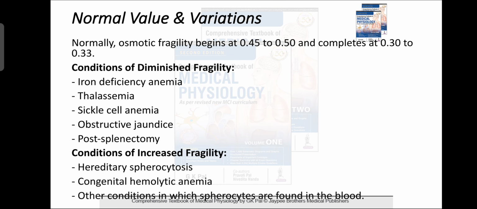Iron deficiency anemia, thalassemia, sickle cell anemia, obstructive jaundice and post splenectomy. Conditions of increased fragility are hereditary spherocytosis, congenital hemolytic anemia and other conditions in which spherocytes are found in the blood.